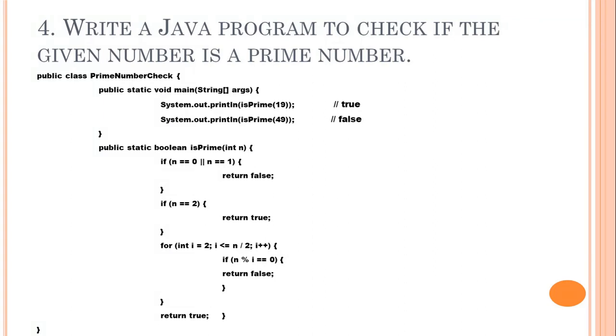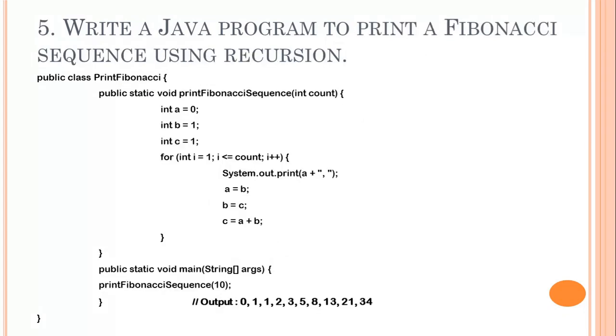If you consider 49, when i becomes 7, number 49 will be divided by 7, so it will return false. So 49 is not a prime number. So we are returning from inside the for loop itself. It will reduce the looping, because instead of looping over the entire range, we can return the result immediately. That is the purpose.